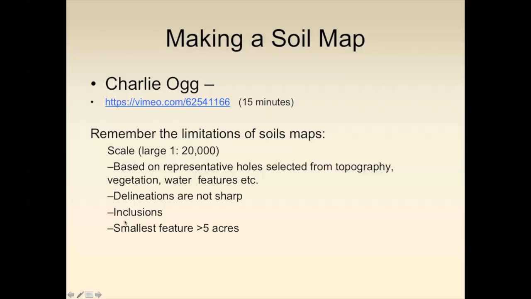There's this issue about inclusions that you can see here, and what that's saying is, in a soil series, say we have a Cecil soil series out there, and it might be a 20-acre or 28-acre mapped polygon. You may have inclusions of other different soil types in that Cecil soil series, and that might be for a variety of reasons, possibly a low-lying depression, so it might be some kind of a wetland soil.